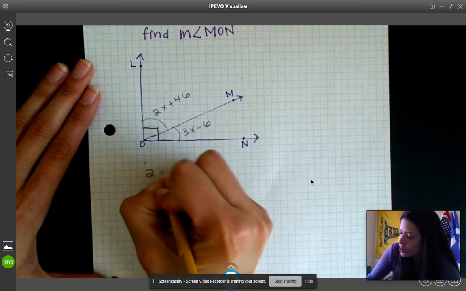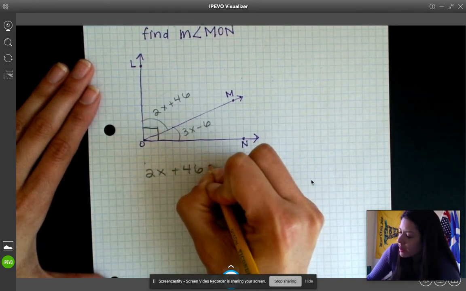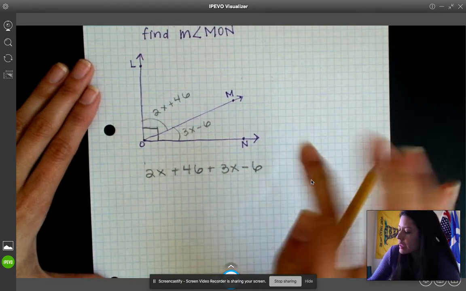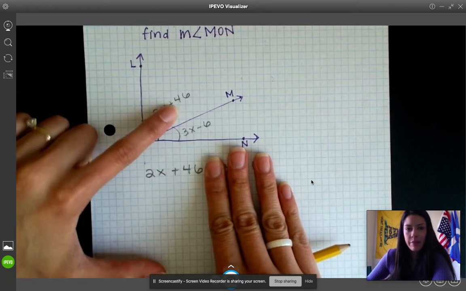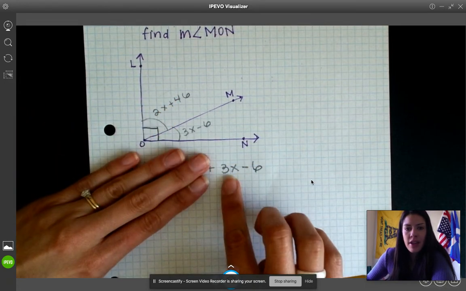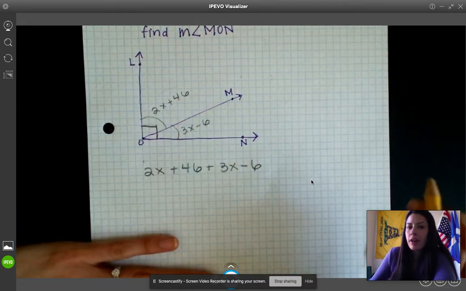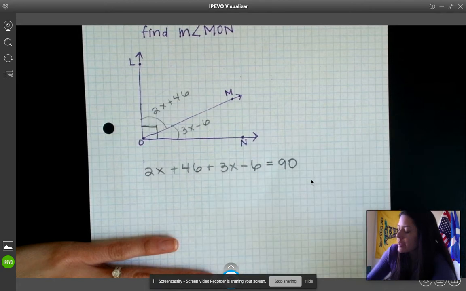So 2x plus 46 plus 3x minus 6. The 2x plus 46 I get from this angle, plus 3x minus 6 from this angle. When they are added together, they're going to equal 90 degrees.